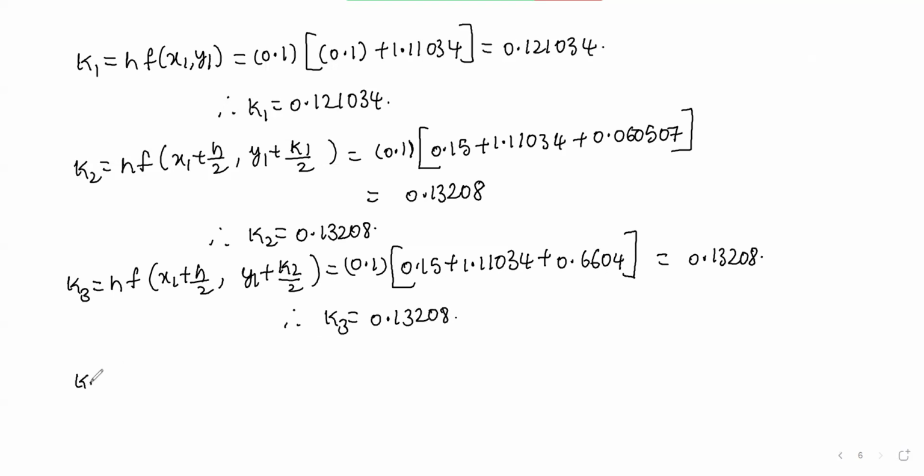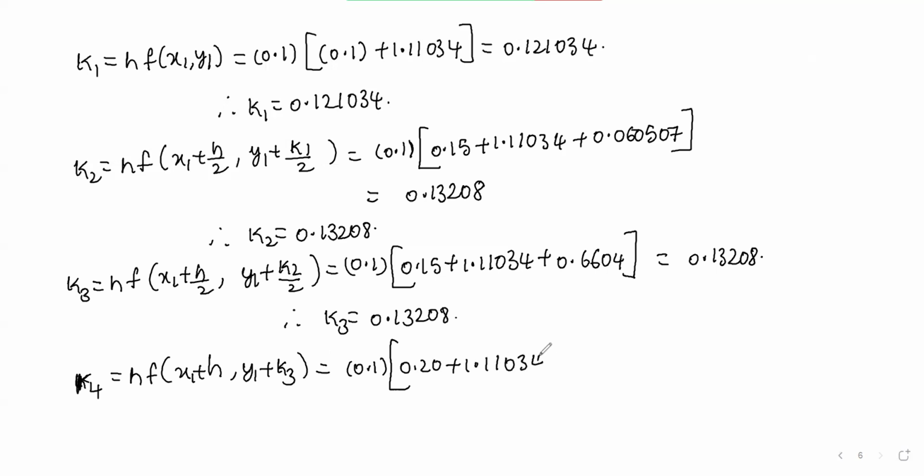And K4, finally, K4 is equal to h into f of ఈసారి x1 plus h అలాగే y1 plus k3, కంటిన్యూషన్ ఇవన్నీ. 0.1 into bracket open 0.20 plus 1.11034 plus 0.13263, ఈ values.